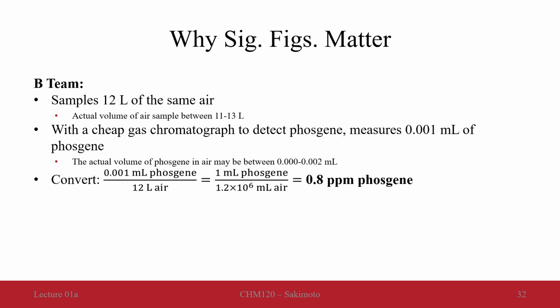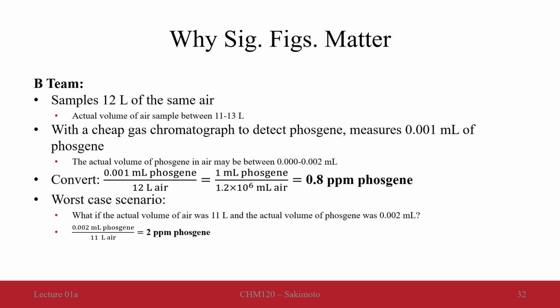Converting this number with the same math we did on the previous slide, they would tell you that there's only 0.8 ppm phosgene within the air, a much lower number than Team A gave you, but potentially one they're less confident in with only 1 significant digit.